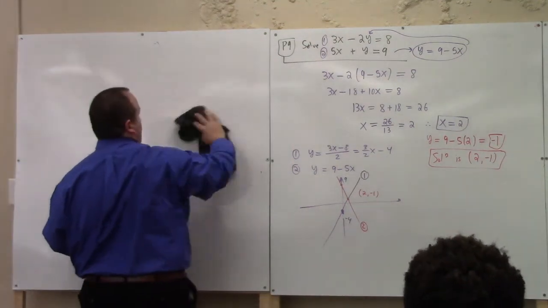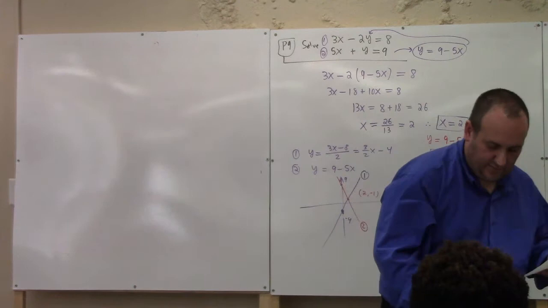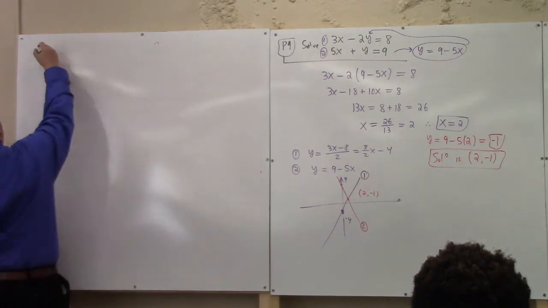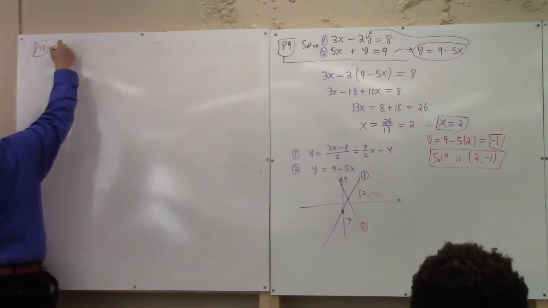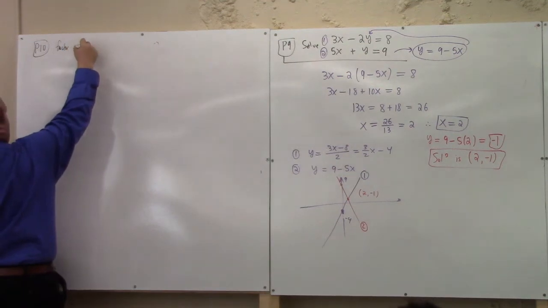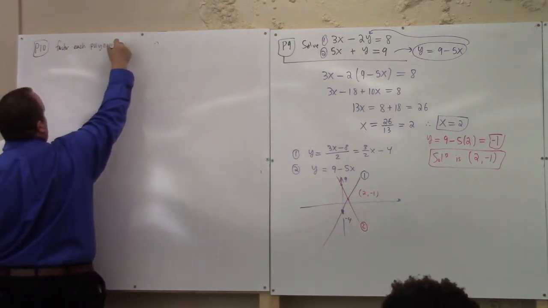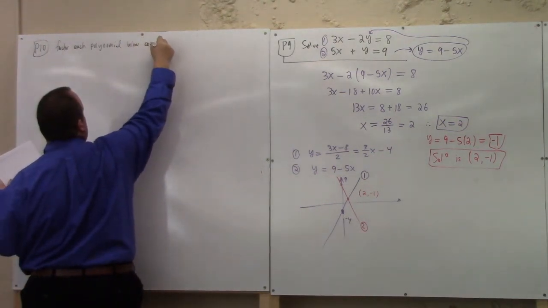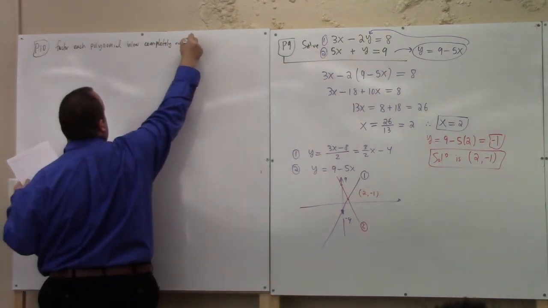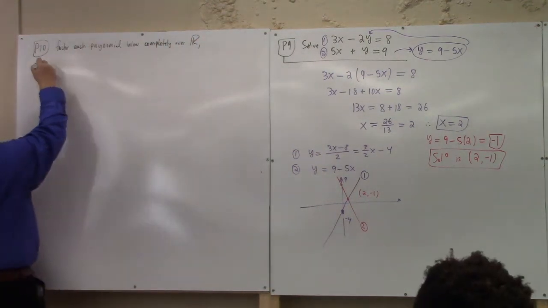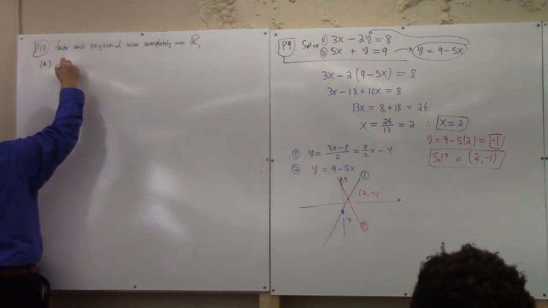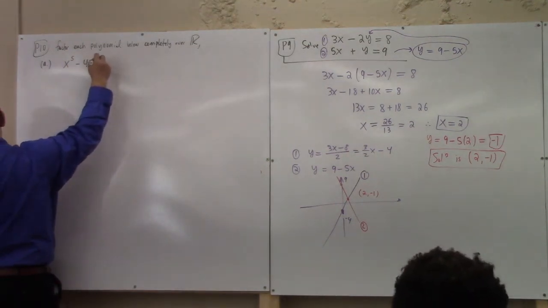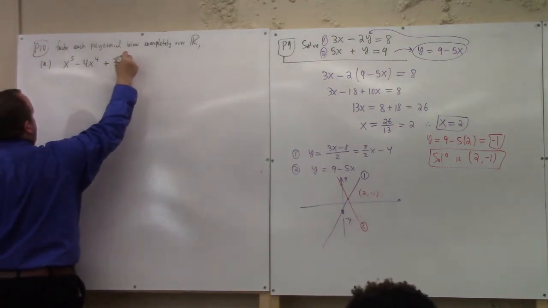All right, factoring. So here the instructions are: factor each polynomial completely below over the real numbers. So we have x to the 5th minus 4x to the 4th plus 3x cubed.